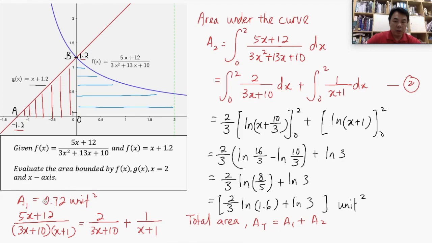So we have our A1 here, I'll write down 0.72, plus whatever result we are looking at here, ln 1.6 plus ln 3 unit squared.